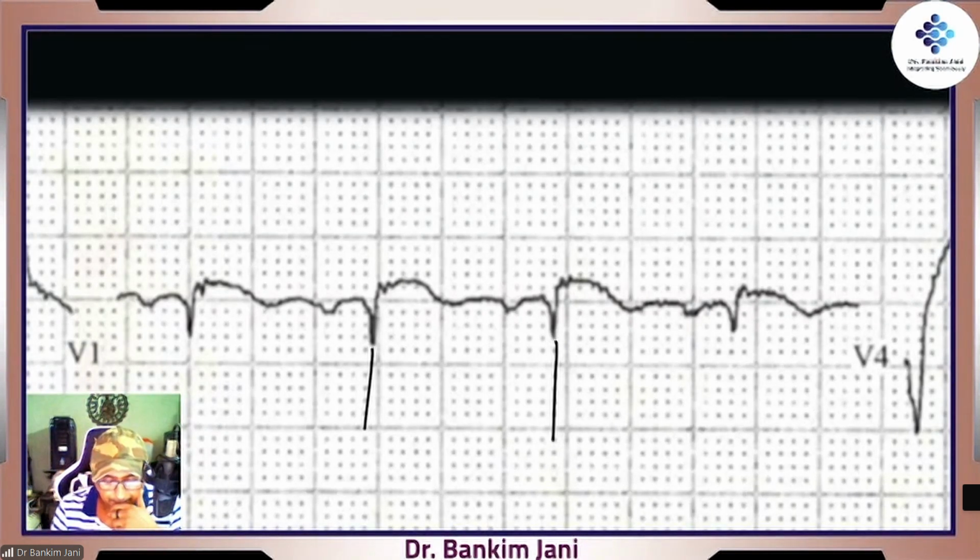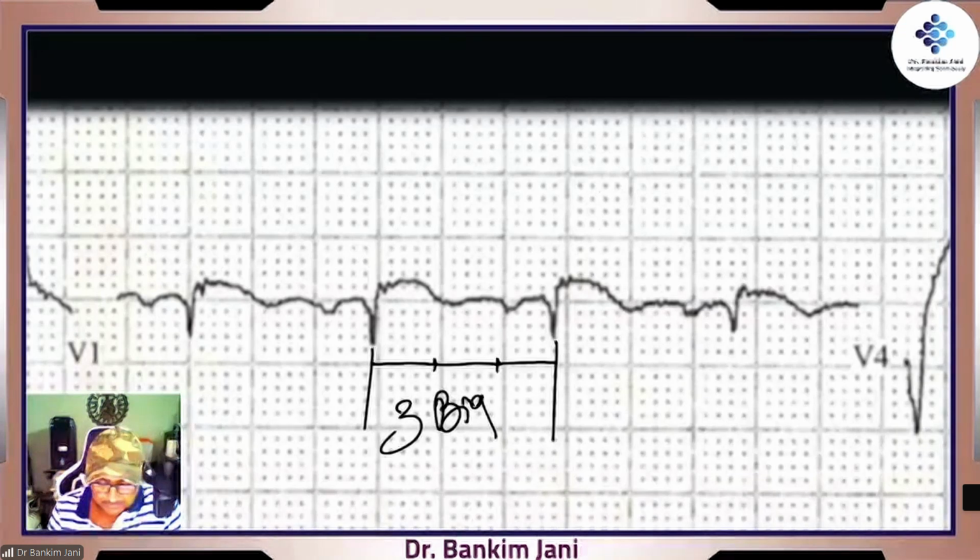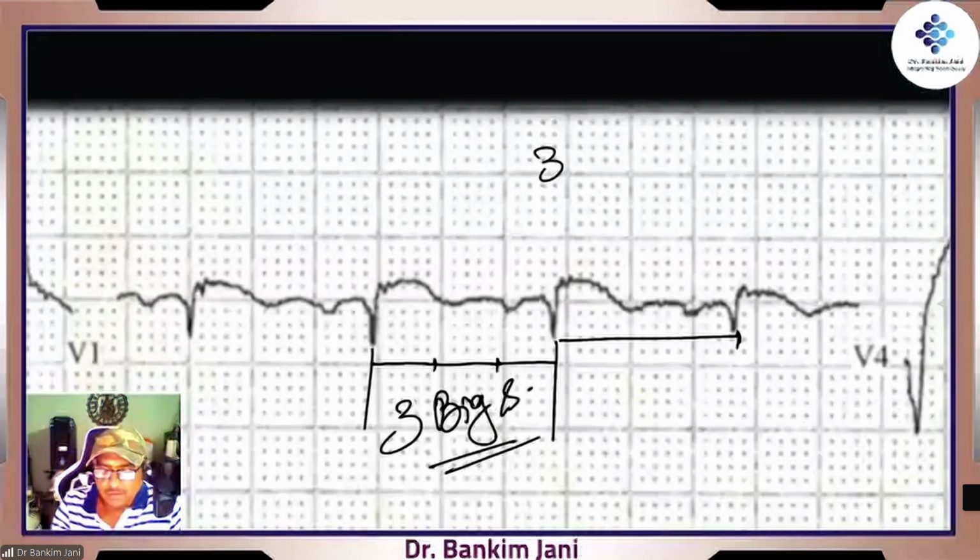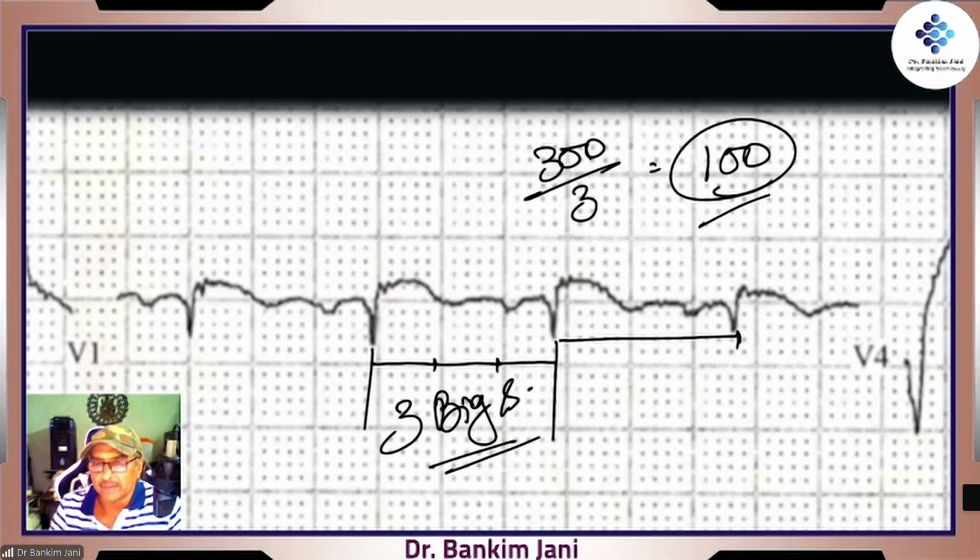Roughly we take one big square, second big square, and third big square. So 3 big squares. Even if you calculate over here, almost 3 big squares are coming. So 300 divided by 3, so roughly 100.